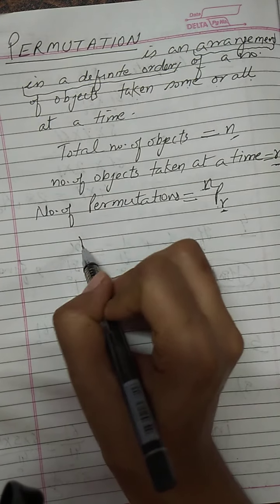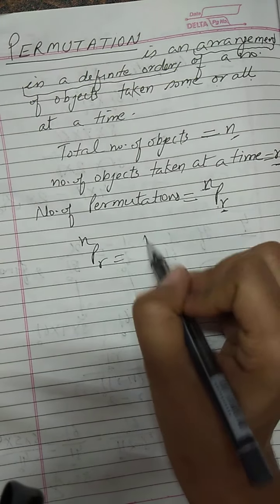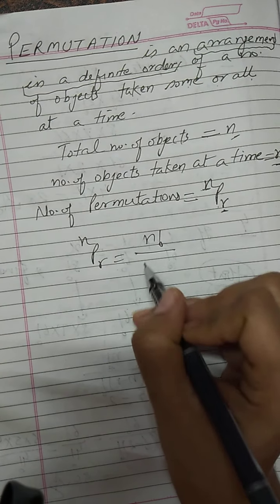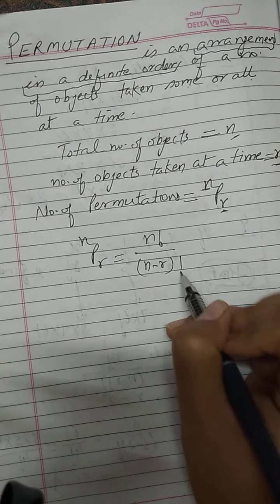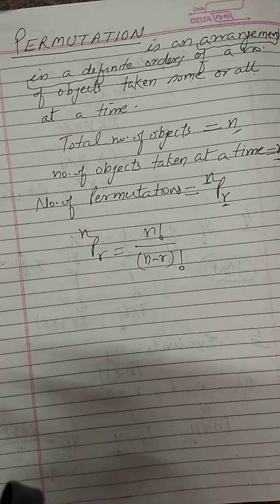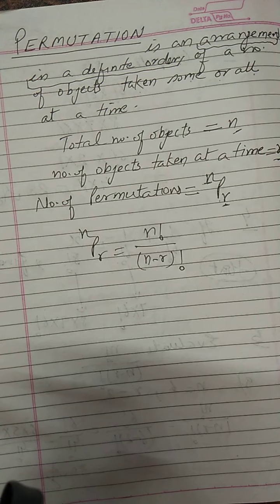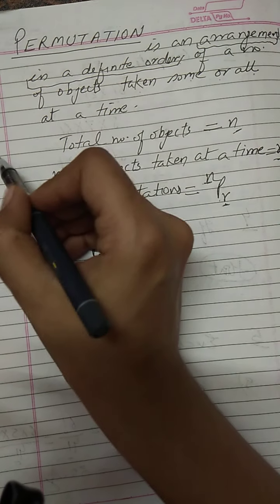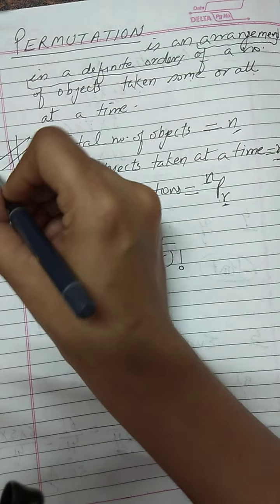And this formula nPr is n factorial divided by n minus r factorial. The same formula we used in our last exercise 7.2, where the formula was given and we just substituted the values of n and r to evaluate. So this is our first result.